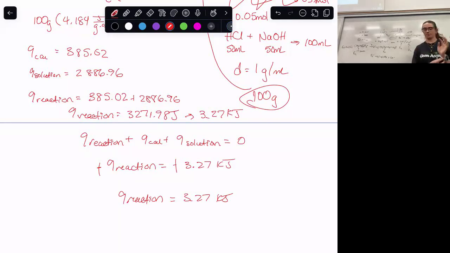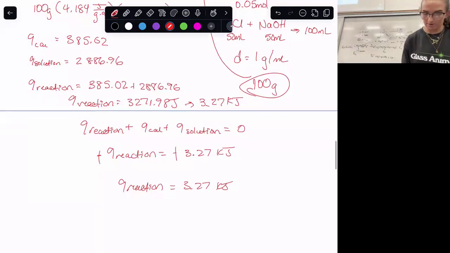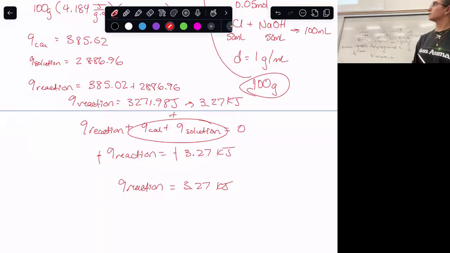Does that make sense? What's going on in the solution is positive, but the Q reaction is negative. So is our reaction always going to be negative?